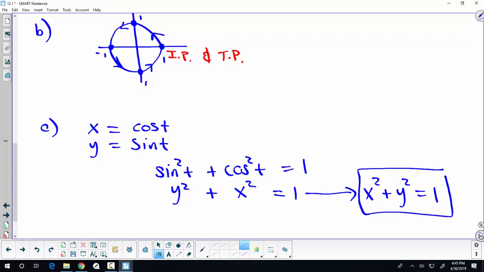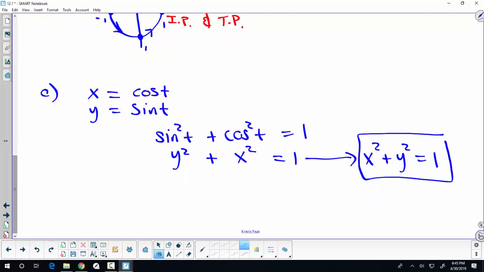We already knew what it is, but it's important to be able to convert from one to the other. Sometimes you might not know what it is unless you went through this process of plotting points, and it's kind of tedious sometimes. So there we have our Cartesian representation.